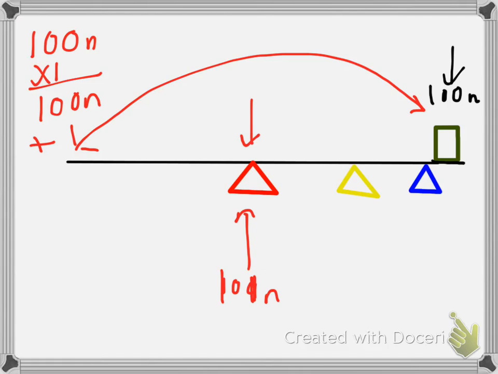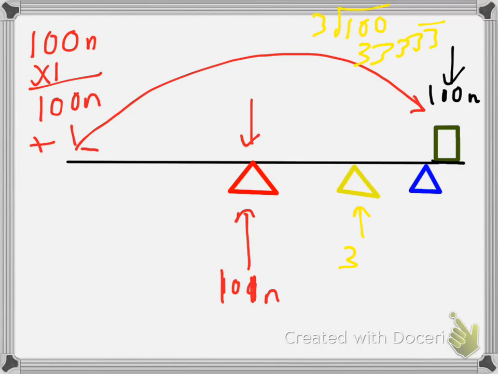If we switch to yellow, if I have 100 newtons, now we said that this one has a mechanical advantage of 3. So let's think about that for a second. If I took, let's say, 100 and we divided it by a mechanical advantage of 3, we're going to end up with 33.3333 repeating.